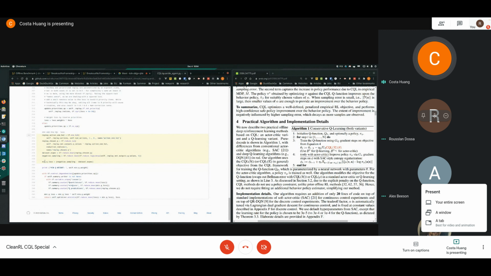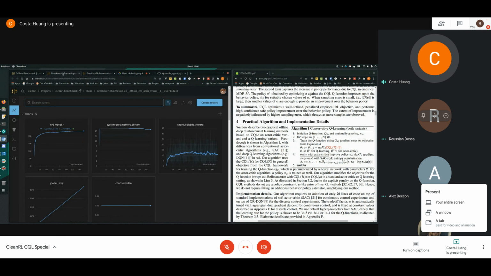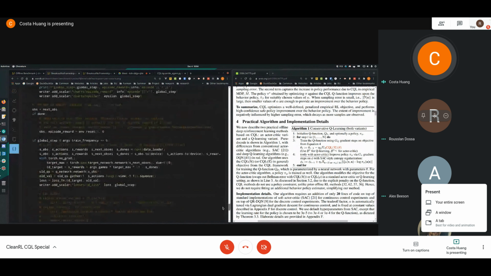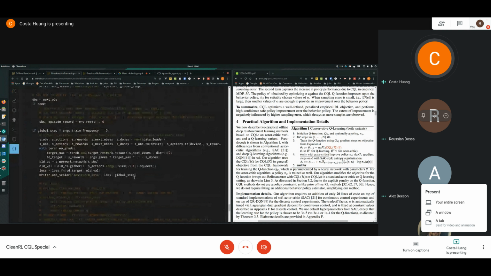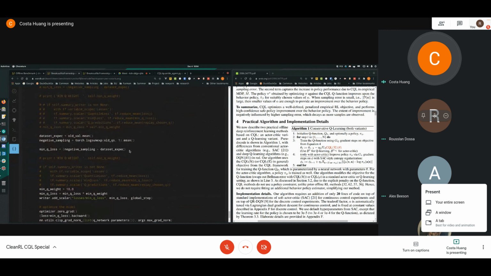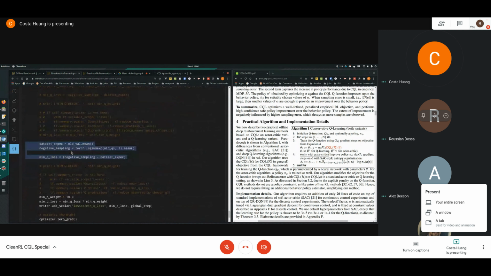So I'm basically adding this CQL loss to the DQN loss. From the code perspective, I modify this part to match what I have for the DQN. Up until this point everything is the same, and then I try to get the old values.